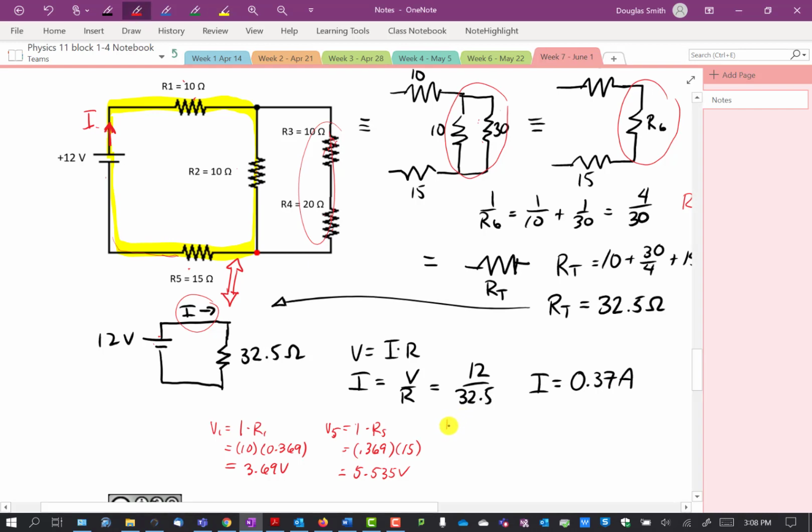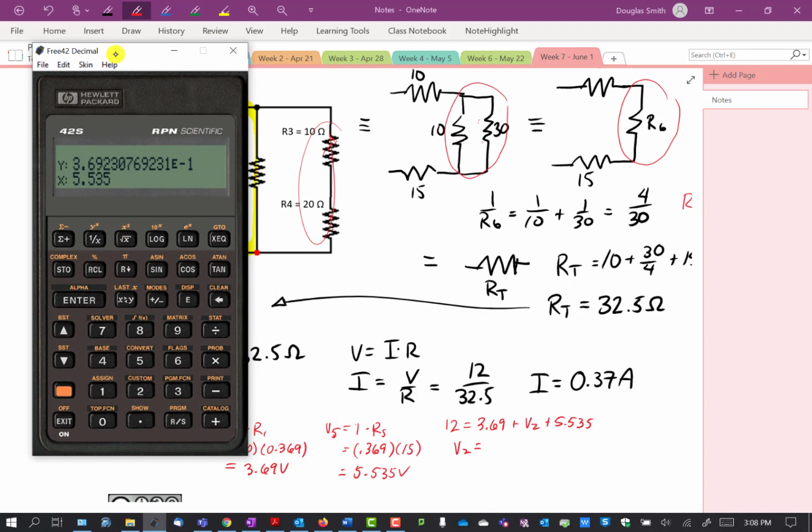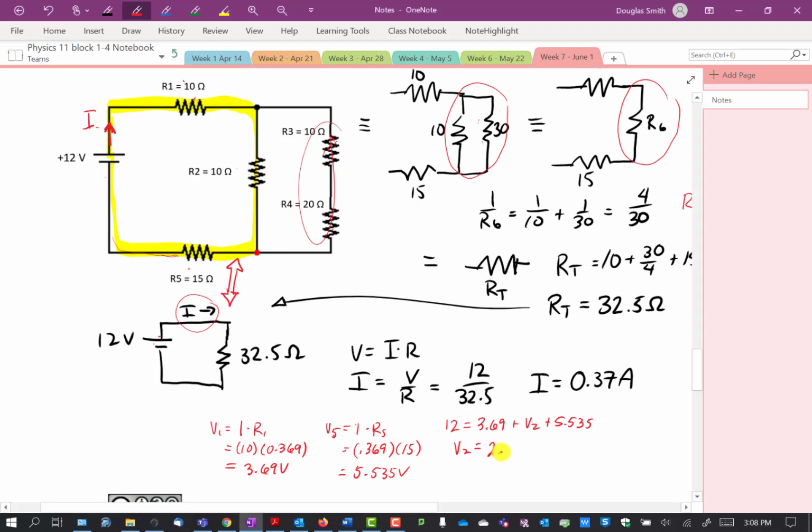This main I is equal to I2 plus I3. Solving for V2, I get 2.77095 volts.